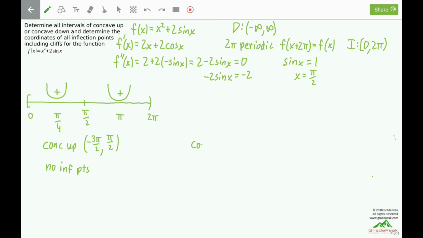So we have concave up starting at negative 3 pi over 2 plus the period 2 pi times an integer n up to pi over 2 plus 2 pi times an integer n. And we have no inflection points.